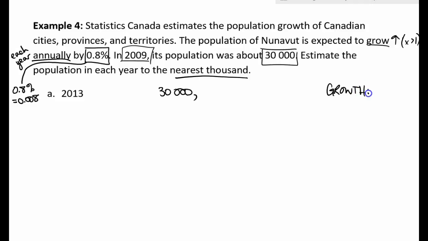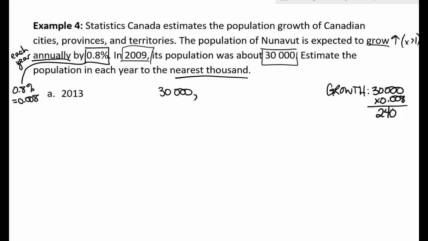So growth is going to be my current population times 0.008. So my growth is 240.